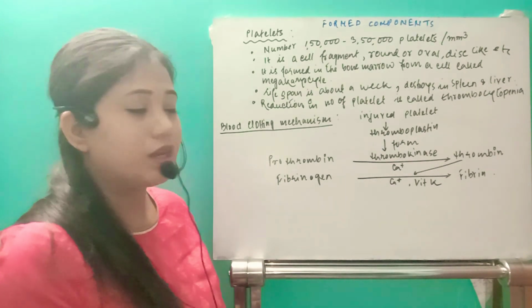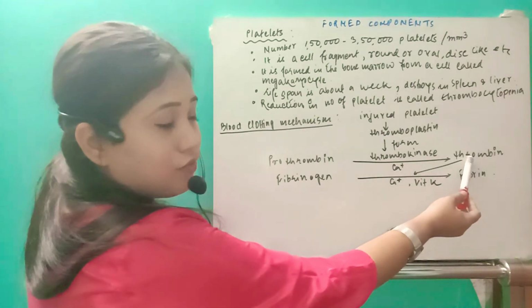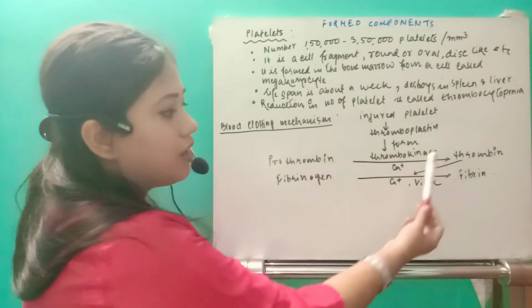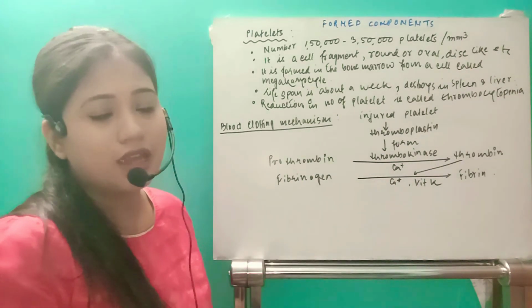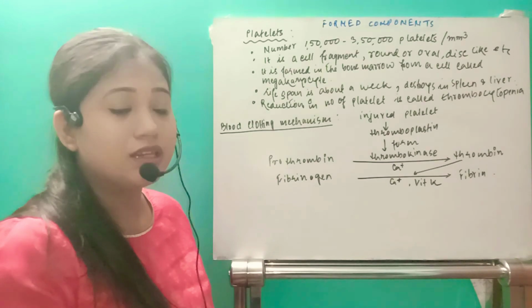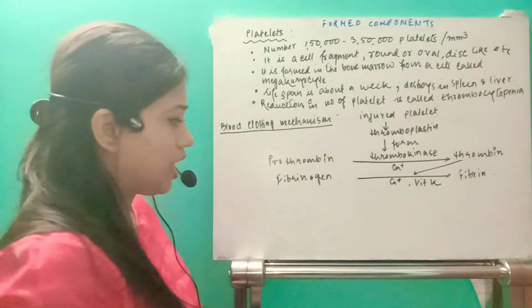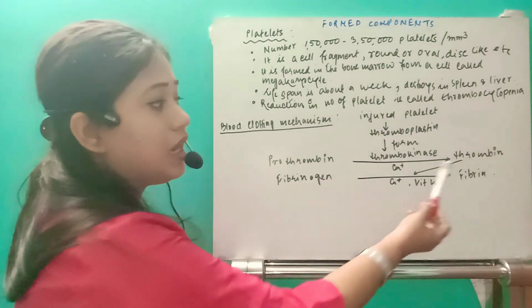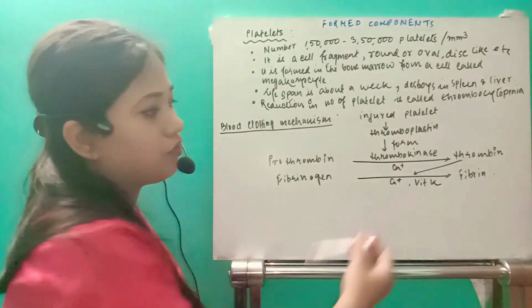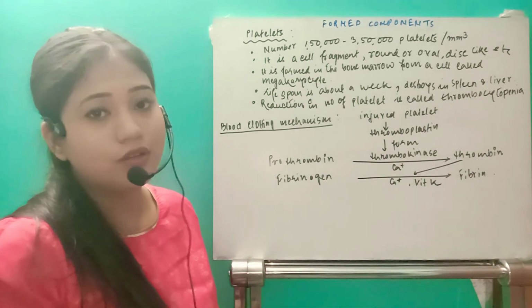And that thrombin, the product formed in this reaction, will act as an enzyme or catalyst for the next reaction, in which fibrinogen in the presence of thrombin will be converted into insoluble fibrin.